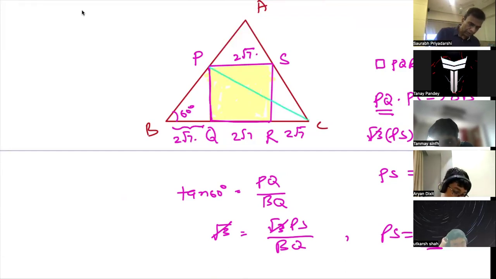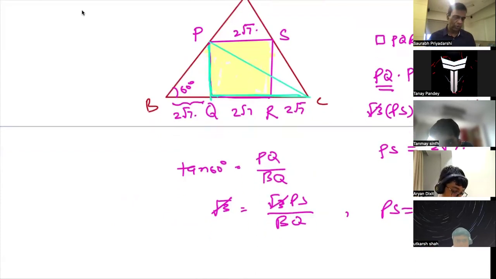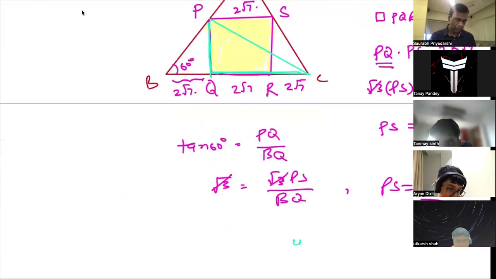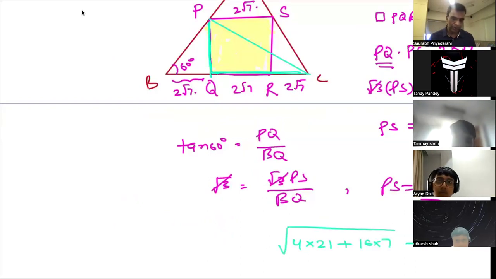This P to C. This length we have, and this length I have. PQ is 4 into 21 plus this is 16 into 7, something now under root of this.